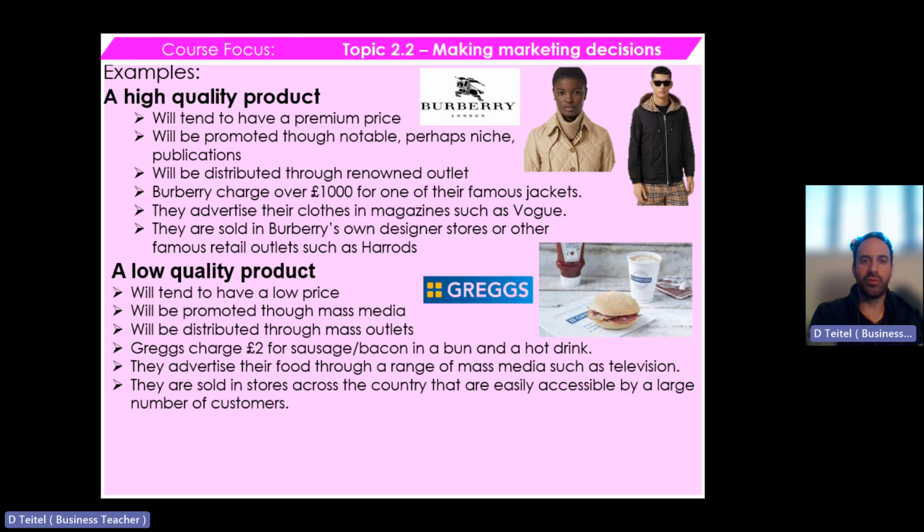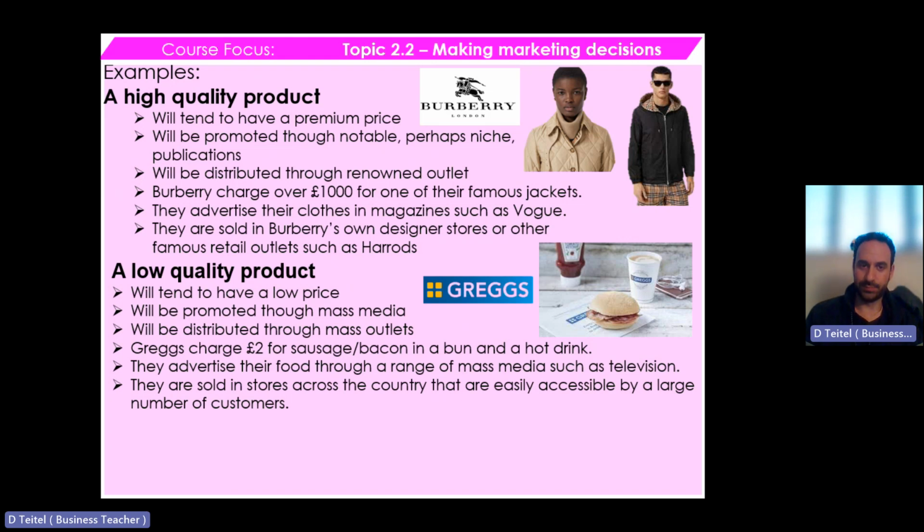Will it be distributed through a renowned outlet? So Burberry charge over £1,000 for one of their famous jackets, and they advertise in magazines like Vogue. They're sold in Burberry's own designer stores or other famous retail outlets such as Harrods. So you're generally not going to find any Burberry items in TK Maxx, at least I don't think.